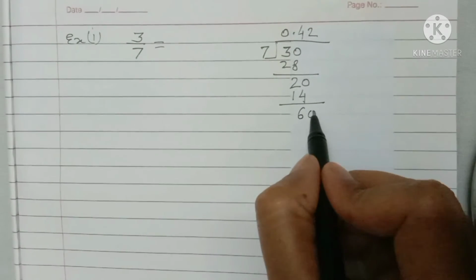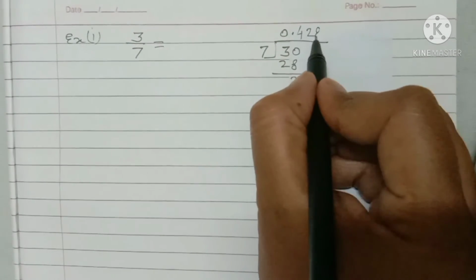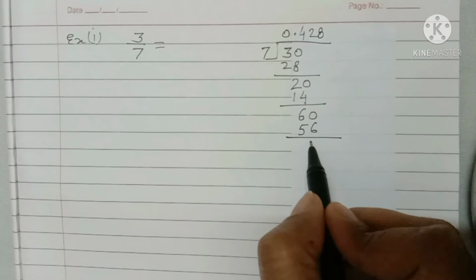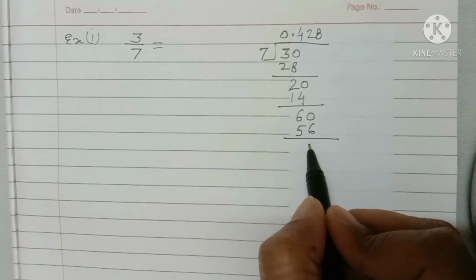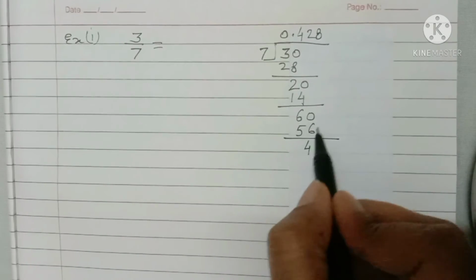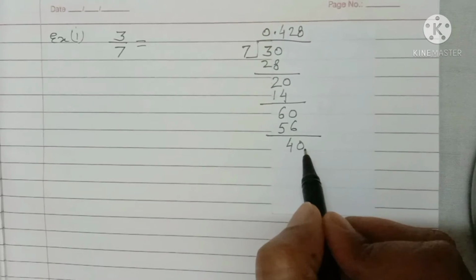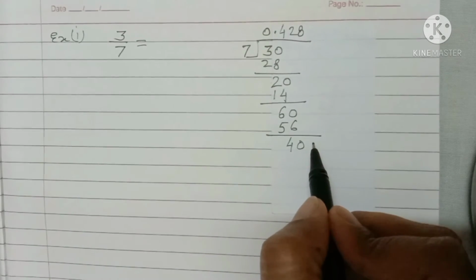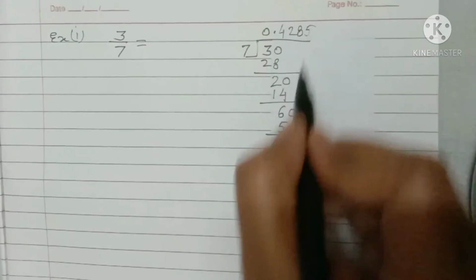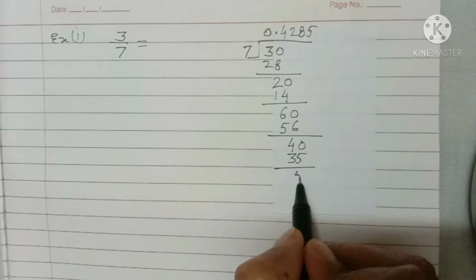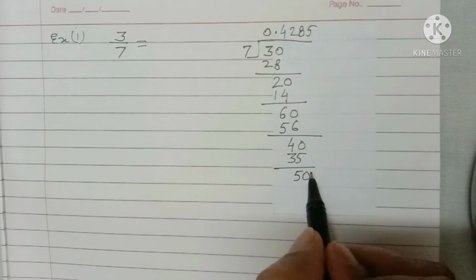The point is there, so put a 0. 7 8s are 56. Now 4 is the remainder, put a 0. 7 5s are 35. 5 remainder, the point is there, put 0.